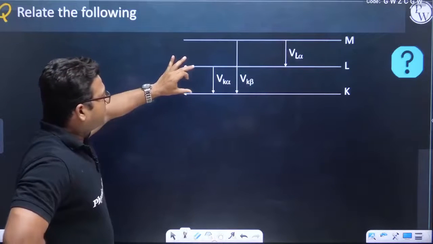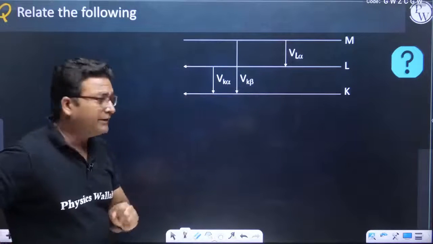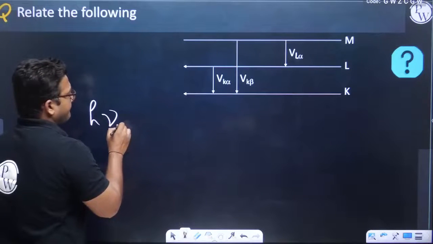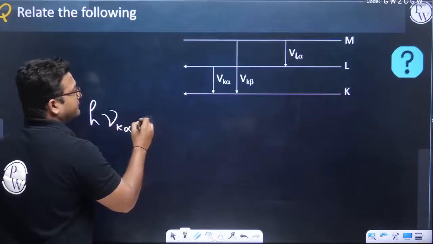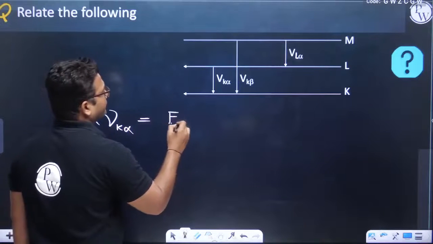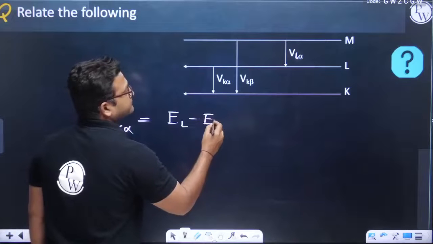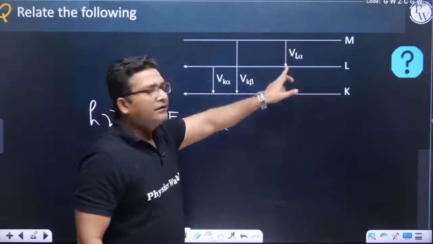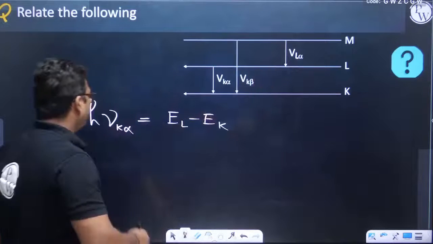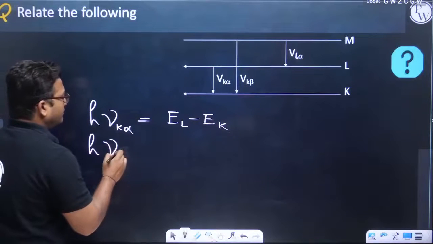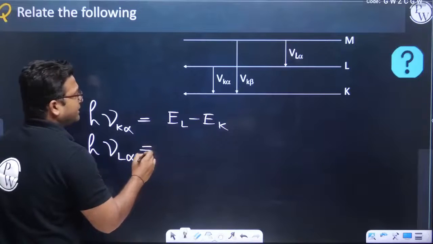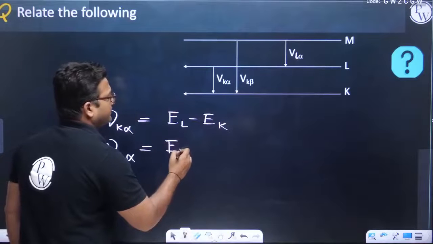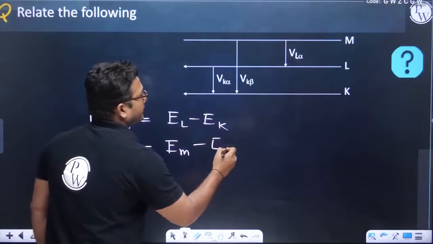So as you know, this energy corresponds to h nu K alpha, and this is obviously the energy of L minus energy of K, right? If we talk about this frequency, h nu L alpha is actually the energy difference between M and L shell. So we have E_M minus E_L, right?